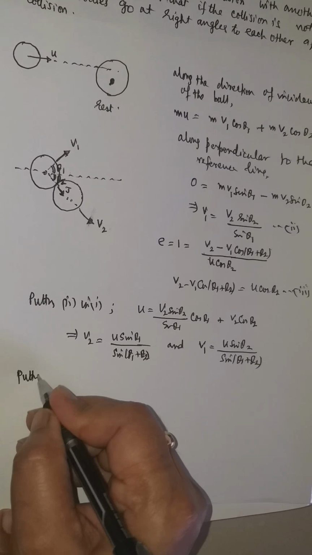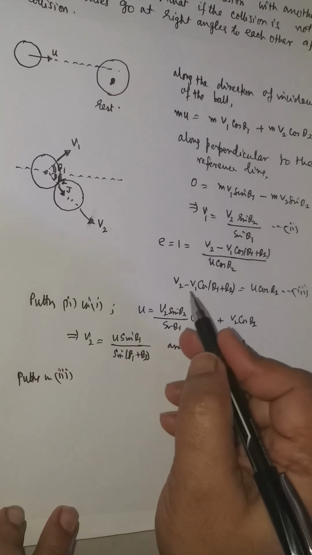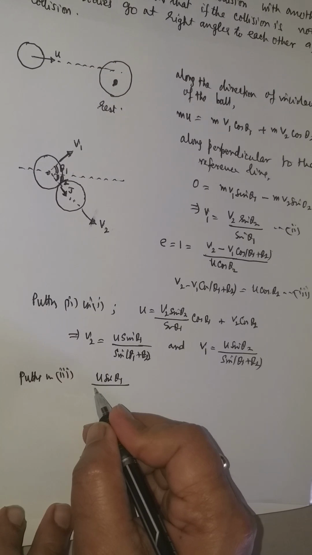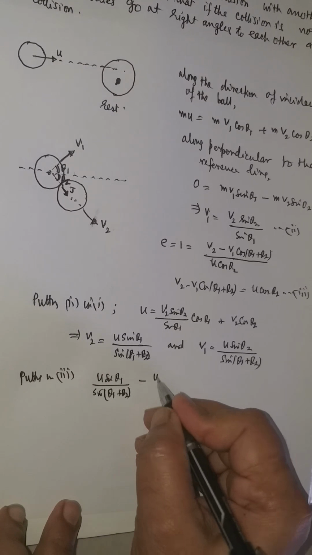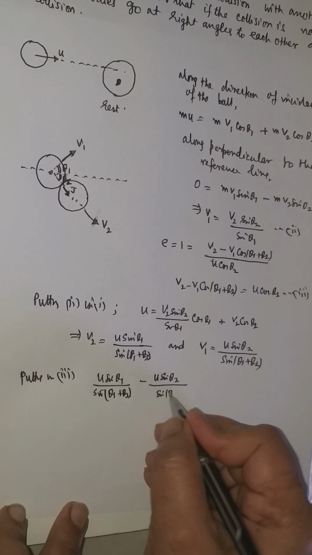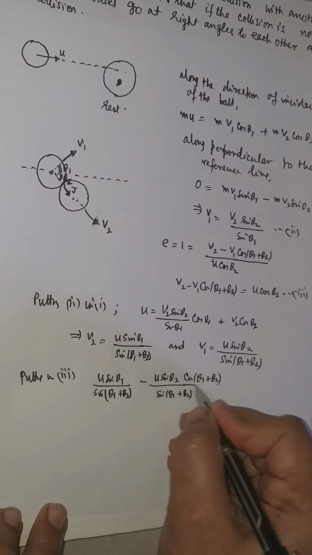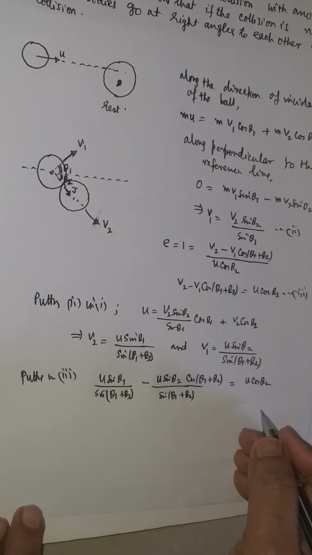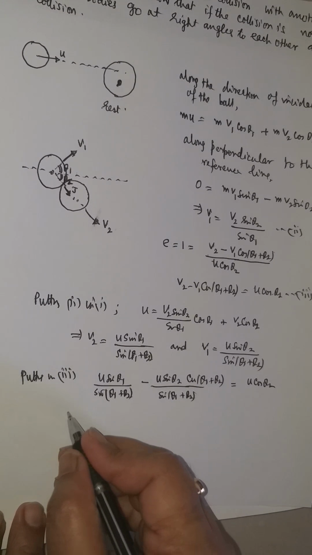We have u sin theta 1 divided by sin of theta 1 plus theta 2 minus u sin theta 2 divided by sin of theta 1 plus theta 2, times cos of theta 1 plus theta 2, and this side it will be u cos theta 2. Let us take this in the denominator and transfer that, and change the sides also.